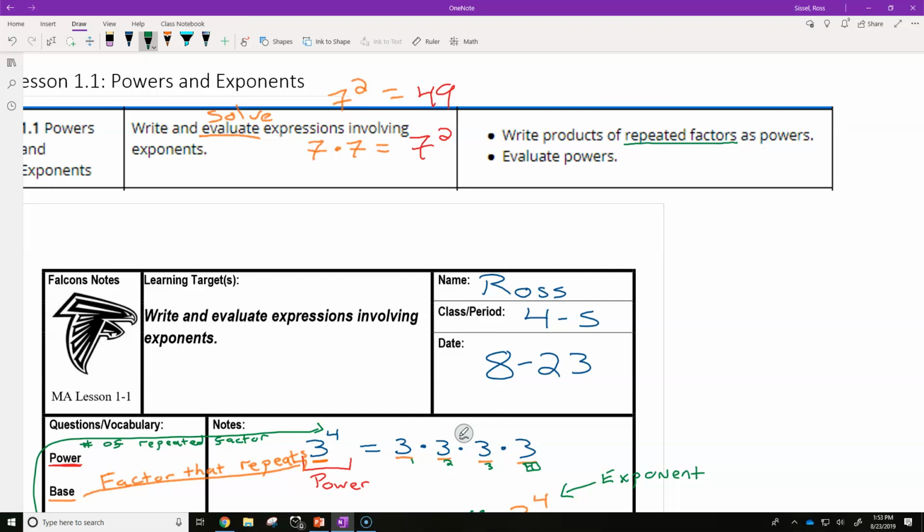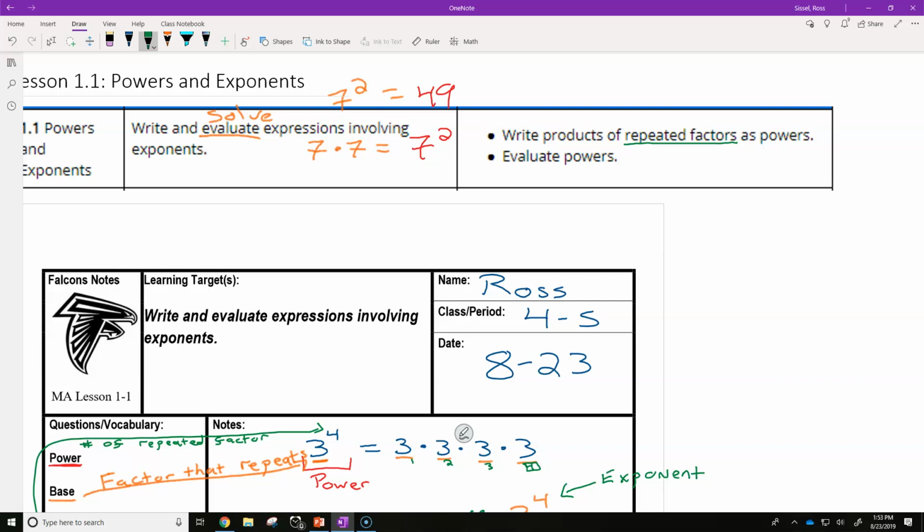Can anyone give me an example of a repeated factor? Like up there it says 7 squared. The 7 is repeated. Alex? Would it be 7 times 7? Good. That's a repeated factor with multiplication.